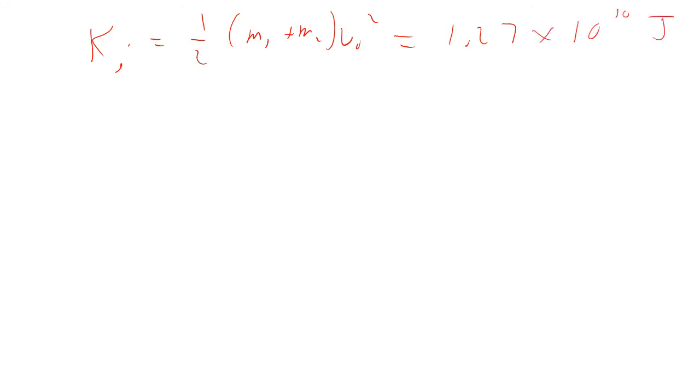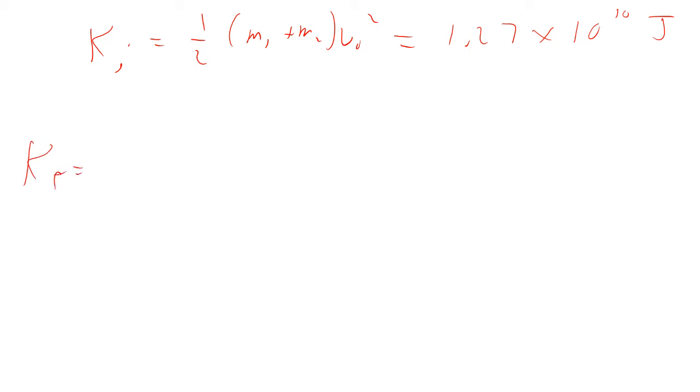Now consider energy. What was the initial kinetic energy? They're all stuck together, so it's one half (m1 plus m2) times v naught squared. If you plug in the numbers, the initial kinetic energy is 1.271 times 10 to the 10th joules.